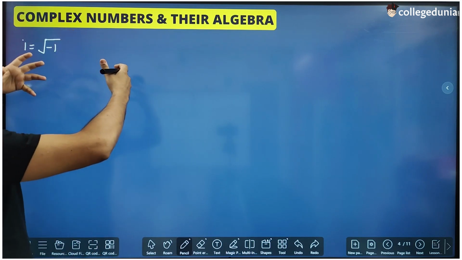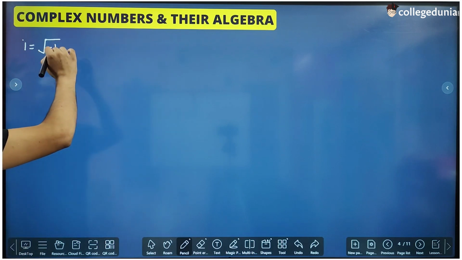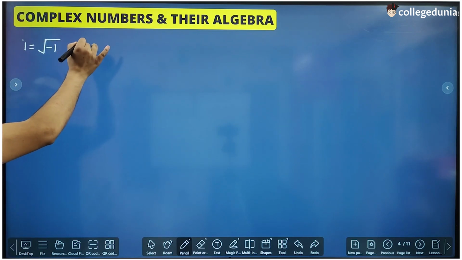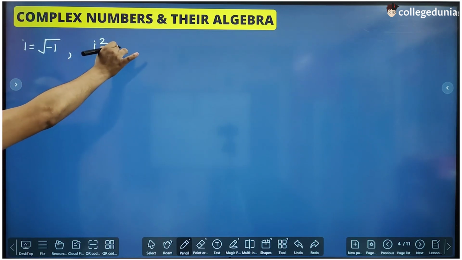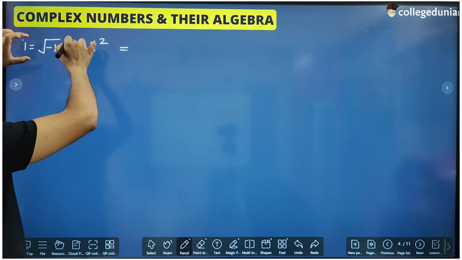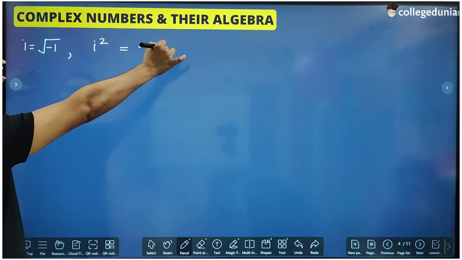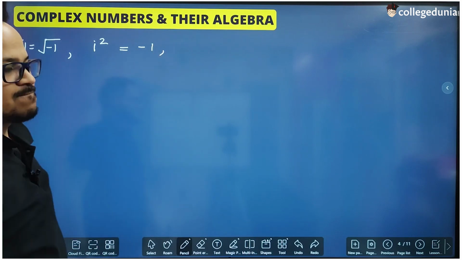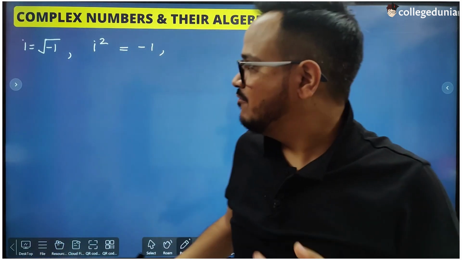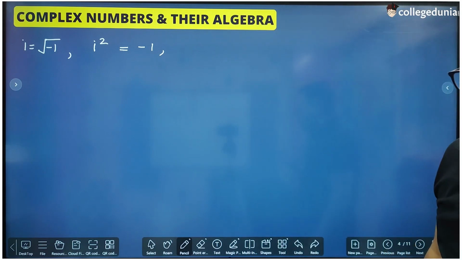learn or understand some results: the value of i is under root minus 1, and the value of i square is what? If you square this term, then the root will go away and you will get minus 1, right?